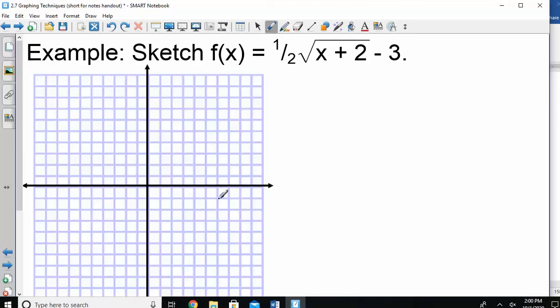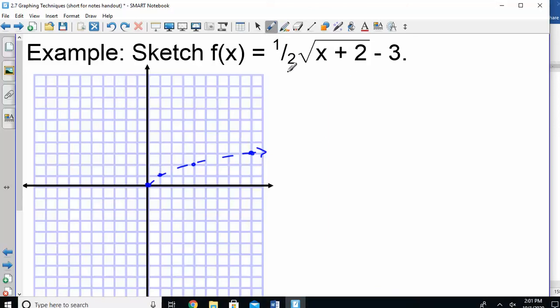So what's my parent function? Square root. So square root of 0 is 0, 1 is 1, 4 is 2, 9 is 3. Looks like that. Now let's talk about all the different pieces.